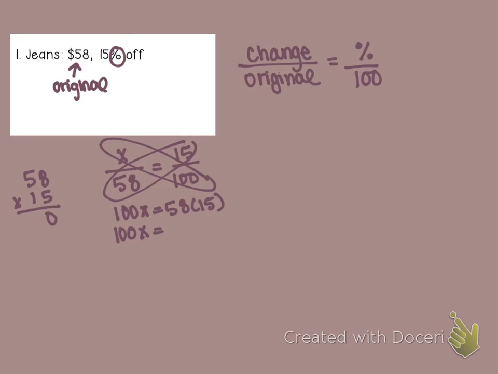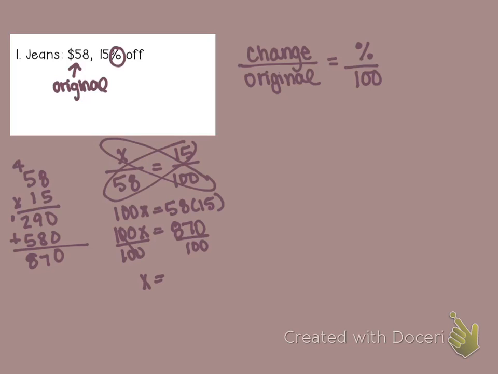8 times 5 is 40. 25 plus 4 is 29. 8 times 1 is 8. And 5 times 1 is 5. 0, 7, 8, so this is 870. And then we divide by 100 to get our variable by itself.